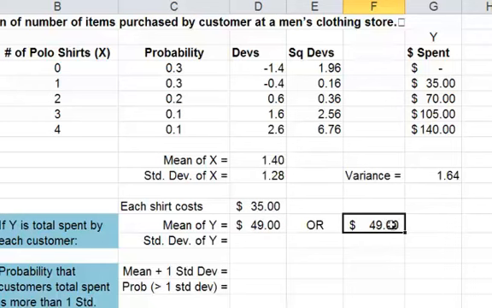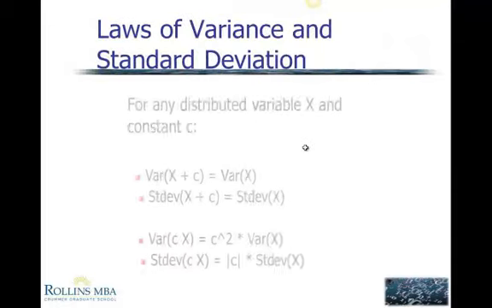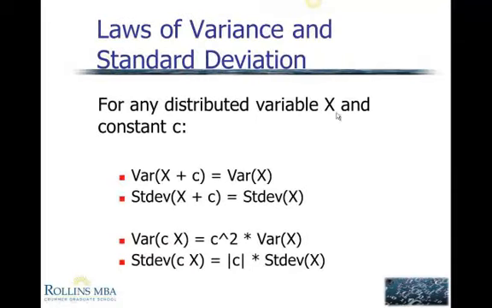Similarly with the standard deviation of y. For, again, a distributed variable x and a constant c, if I have a constant added to a variable x, then the variance doesn't change. I'm just moving my central location positive or negative.